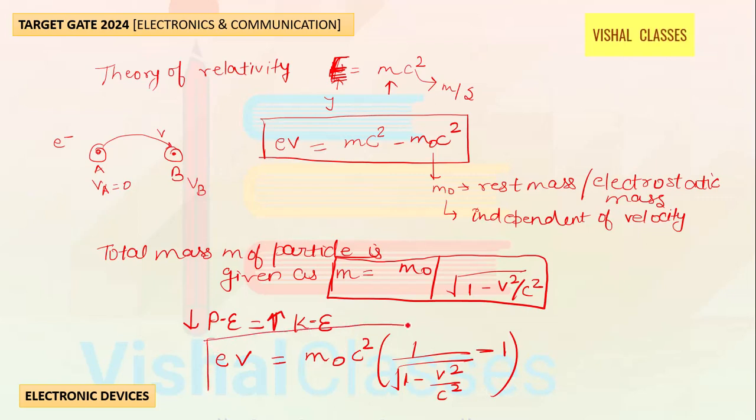This formula you will also write in formula notebook. Decrease in potential energy is equal to increase in kinetic energy. And what is increase in kinetic energy?